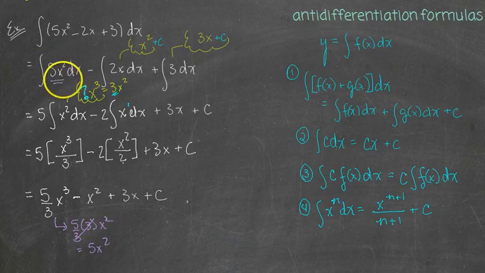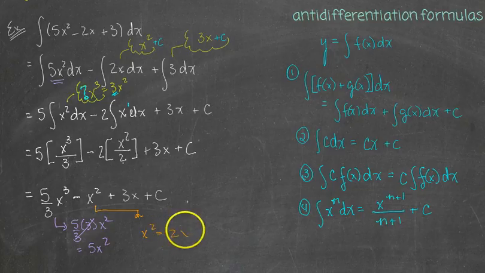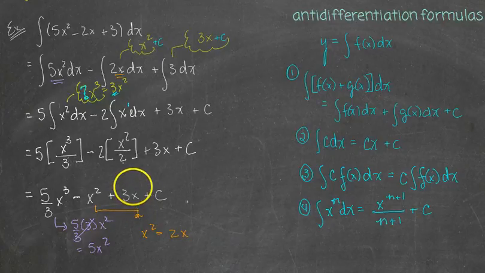Let's go ahead and underline it so we can see a color and work with a different color here. Let's work with orange. So now let's work with this one. If I were to take the derivative of x squared, that would be 2x. That's exactly what I started with here. And just to complete the process, let's take the derivative of 3x.